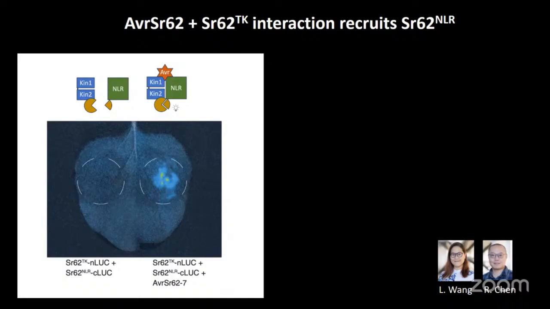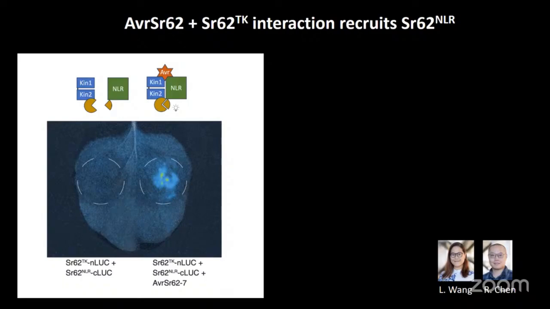In this first slide, an experiment done by Luby and Renji, two postdocs in the lab, they showed that in the resting state, the tandem kinase and the NLR immune receptor do not interact. If we fuse the partners with a reporter gene, luciferase, we do not get luminescence when we express these, which is shown on the left-hand side of this leaf.